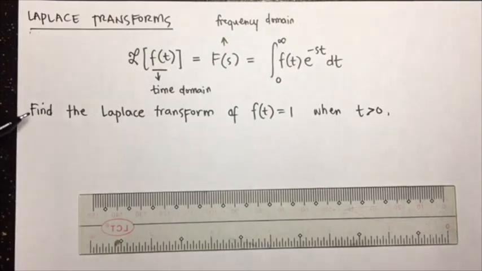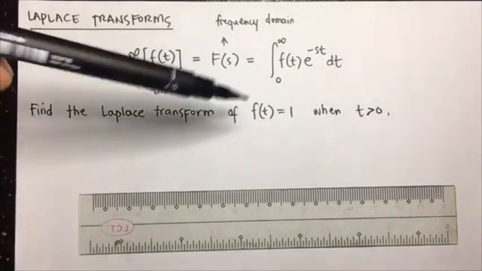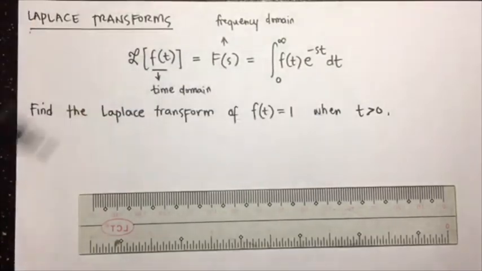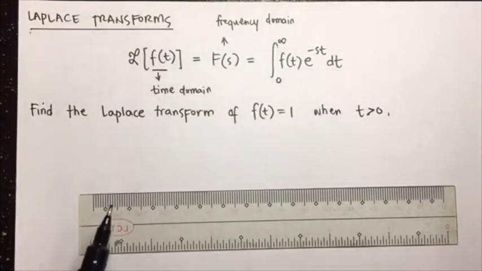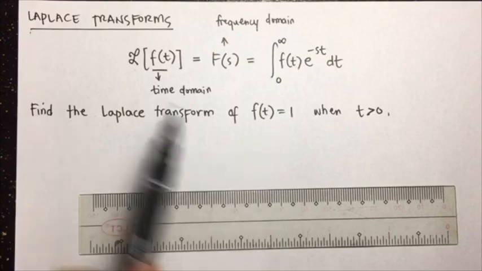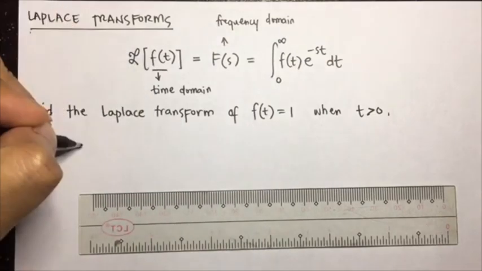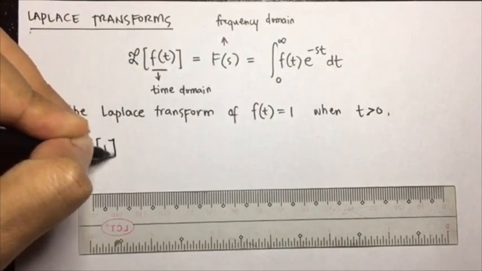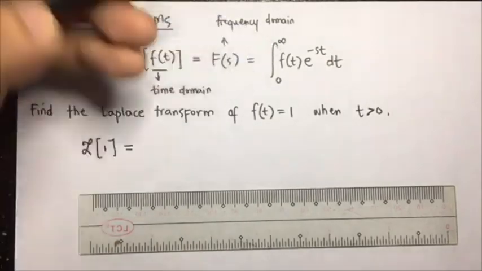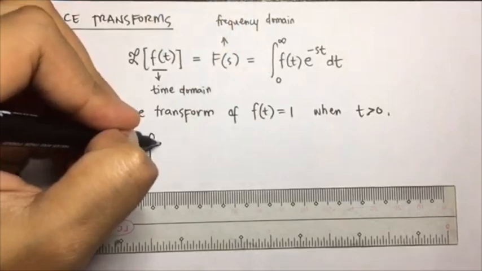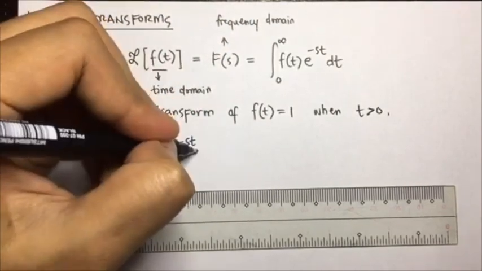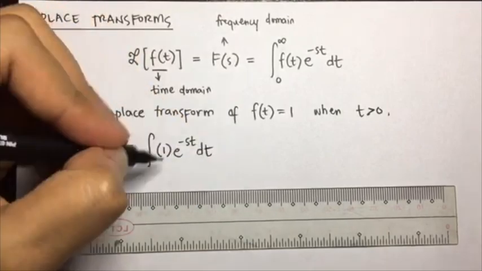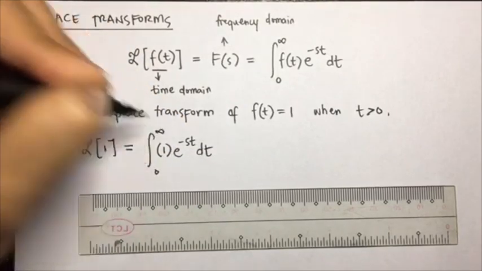First example: find the Laplace transform of f of t equal to 1, when t is greater than 0. So here we are asked to find the Laplace transform of 1. From the formula, the Laplace transform of 1 is equal to the integral of f of t, which is 1, times e raised to the negative st, dt, from 0 to infinity.